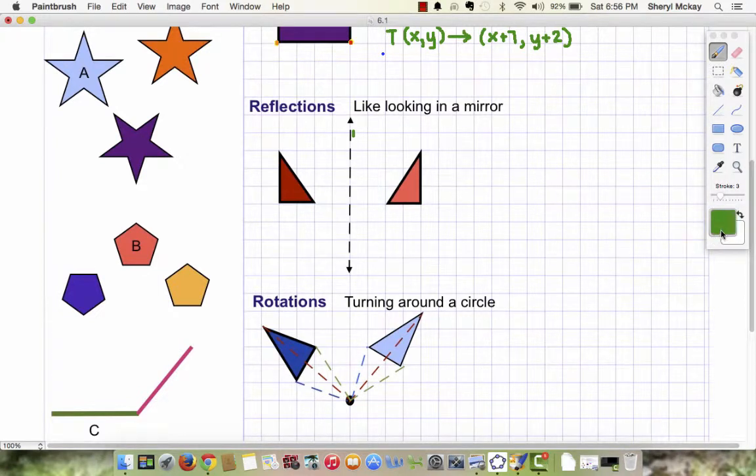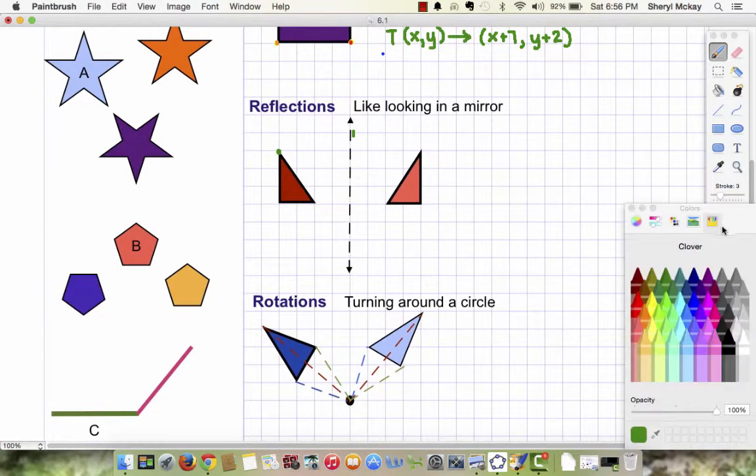And what we've done is we've actually taken each point. So let's do each point here again. Here's a point. And I'll change this color to this right here. And we'll do this one in purple.